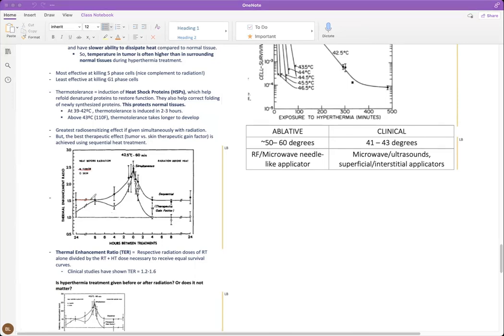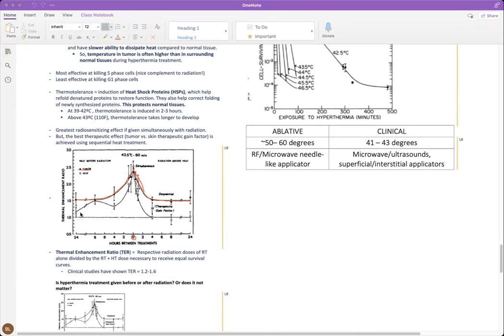Tumors, red line here. So we see there's a lot of tumor killing. Oh my gosh, can't even stay on the line. So a lot of tumor killing when you give radiation at the exact same time as the hyperthermia.